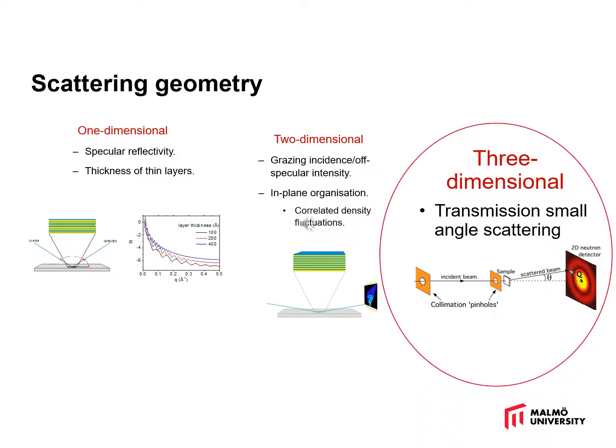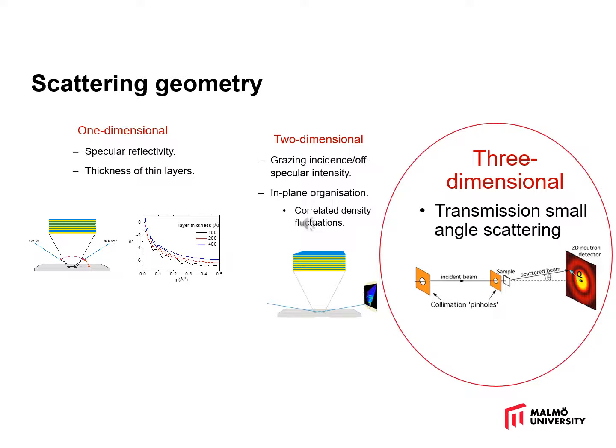What I have here is, very broadly, three approaches to elastic scattering experiments. In the first case, the one-dimensional experiment, we reconstruct the one-dimensional profile of layers on a surface. This is specular reflectivity, of course.